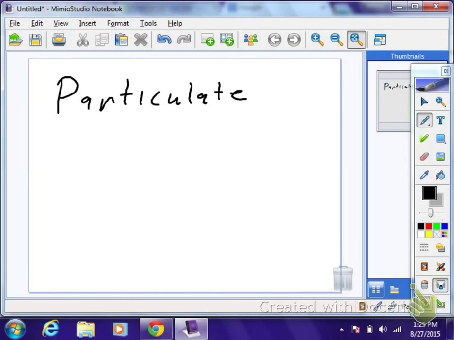And have the same physical and chemical properties. So once we get to protons, neutrons, electrons, then we're really breaking it down a lot farther than we need to. But we can do that. But what's the very smallest particle of all matter? An atom, right? So an atom can be a particulate.